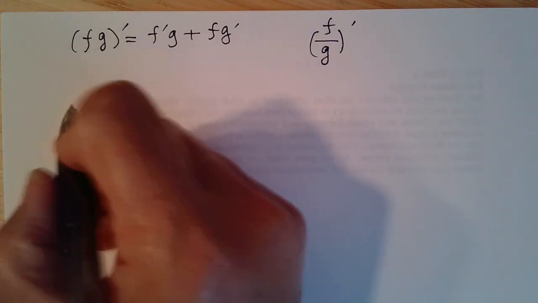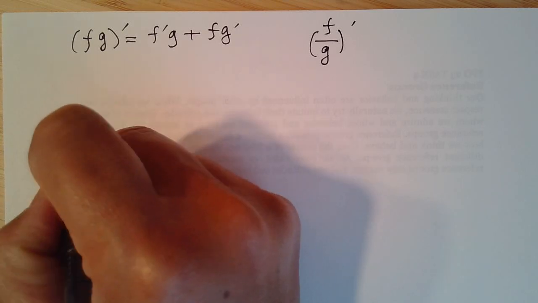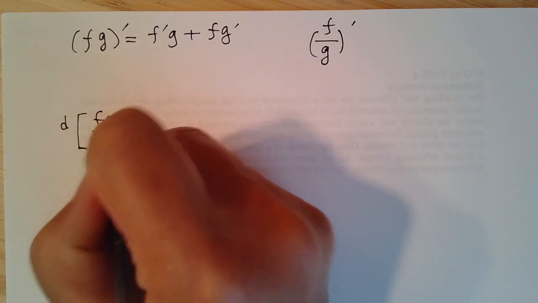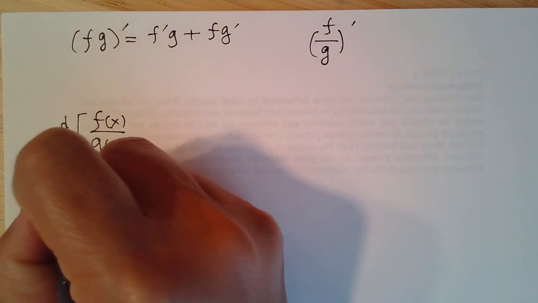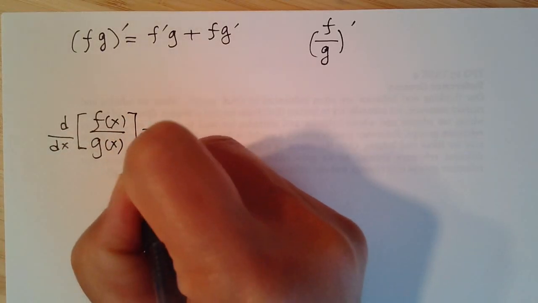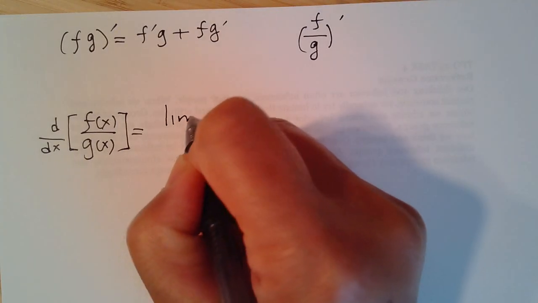Okay, so let me see. Derivative of f of x over g of x. This derivative should be, it's a little bit complicated. When I write it, you're going to see how scary it is.